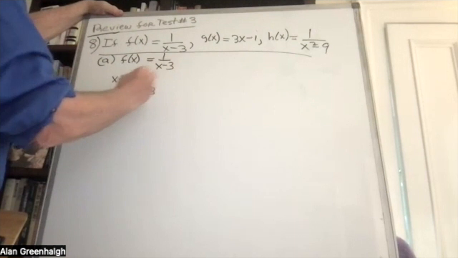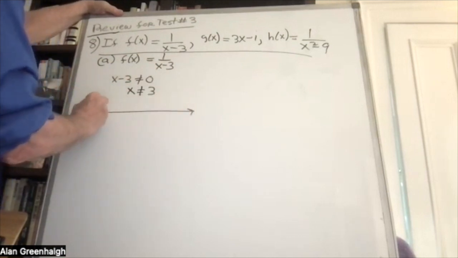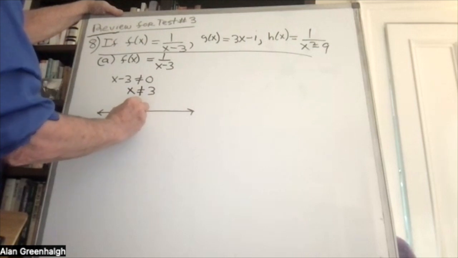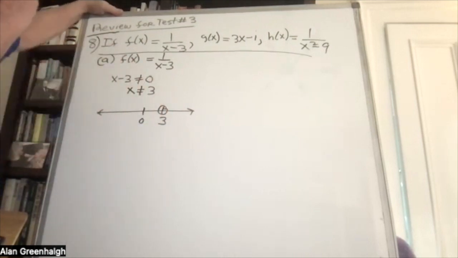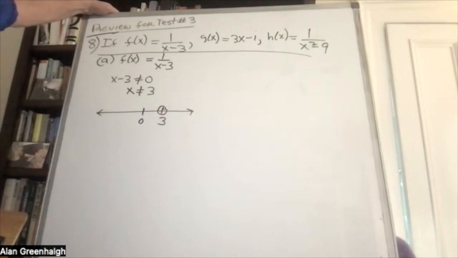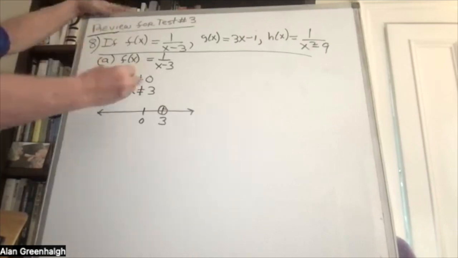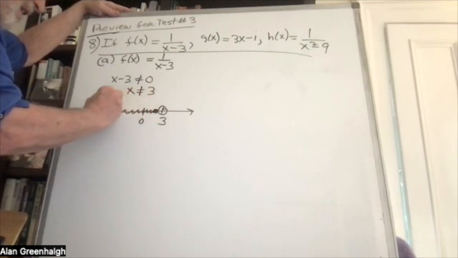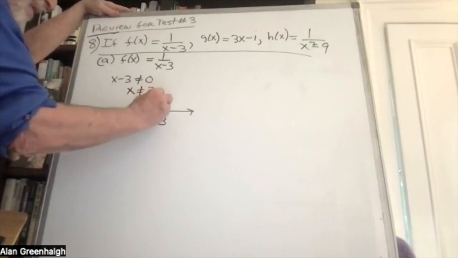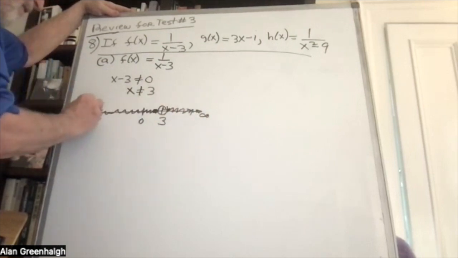That tells us that if we draw a number line, we must put an open circle around 3. And it's just going to be everything else, all this over here going in this direction, to infinity, to negative infinity.